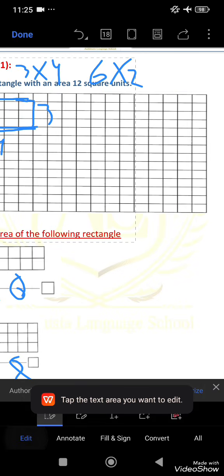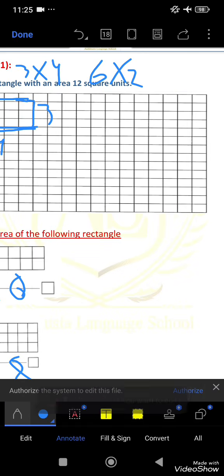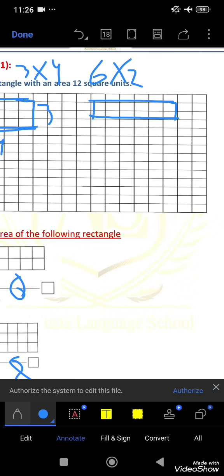Let's do this again. 1, 2, 3, 4, 5, 6, and go down to complete the rectangle. When you count them, you will find 12.